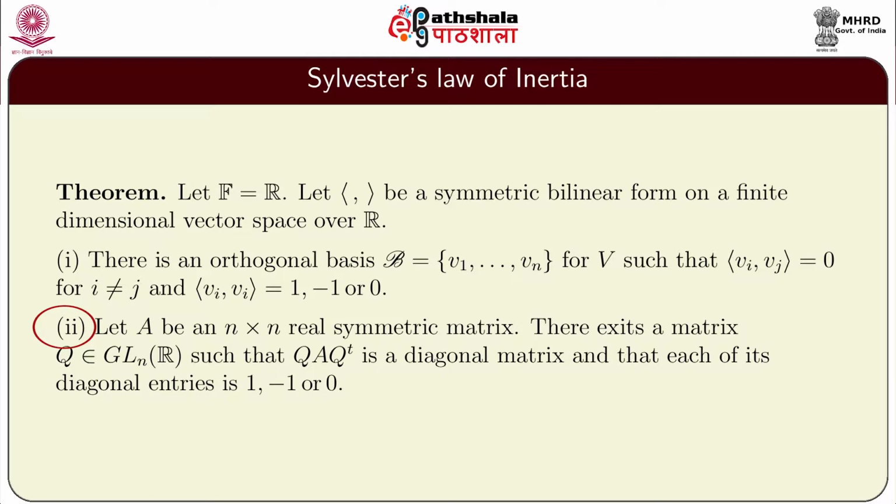Then part 2 says, let A be an n cross n real symmetric matrix, then there exists a matrix Q in GLn(R) such that Q A Q transpose is a diagonal matrix such that each of its diagonal entries is 1, -1 or 0.